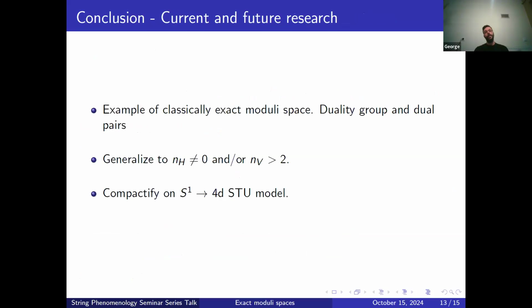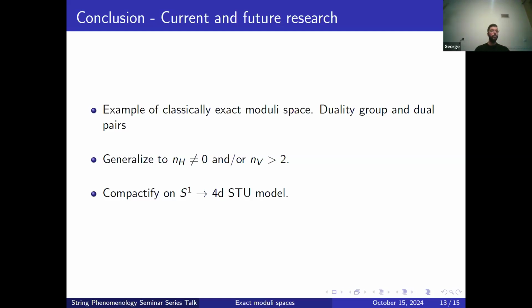Okay, so I think the main message to take from this talk is that I gave you an explicit example of a model that preserves 8 supercharges in 5 dimensions with a classically exact moduli space. And the idea to prove this was first to parameterize all possible quantum corrections, all possible deformations of the cubic polynomial.